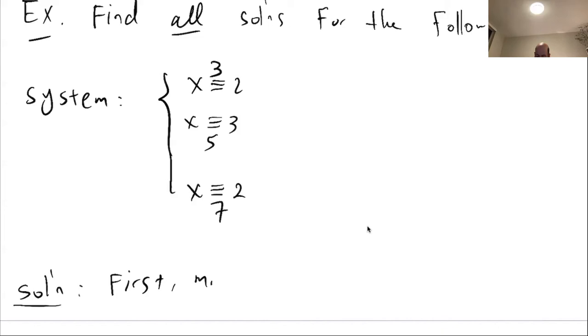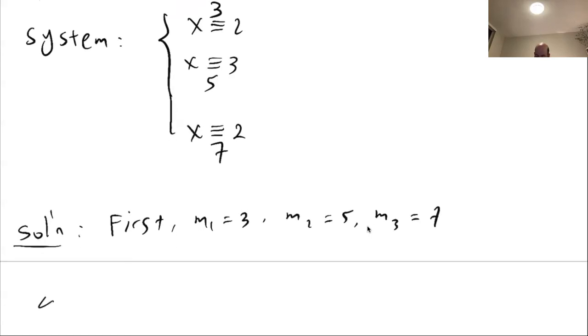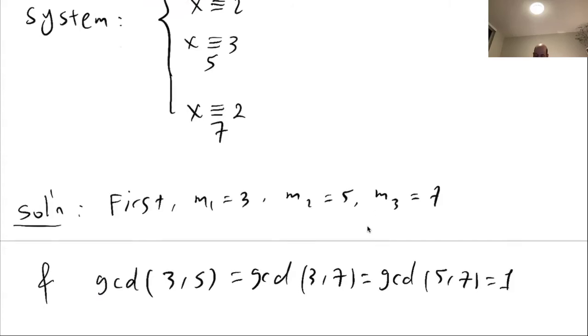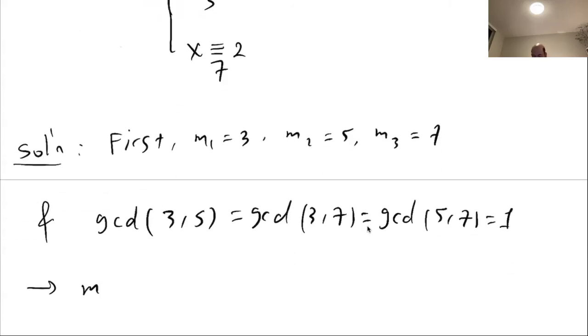m1 equals 3, m2 equals 5, m3 equals 7, and these numbers are relatively prime because GCD of 3 and 5 is the same as GCD of 3 and 7, and the same as GCD of 5 and 7, and this is the same as 1. So m1, m2, m3 are pairwise relatively prime.